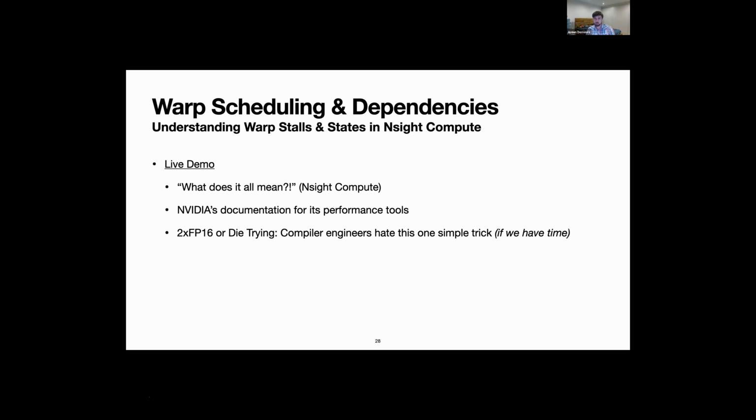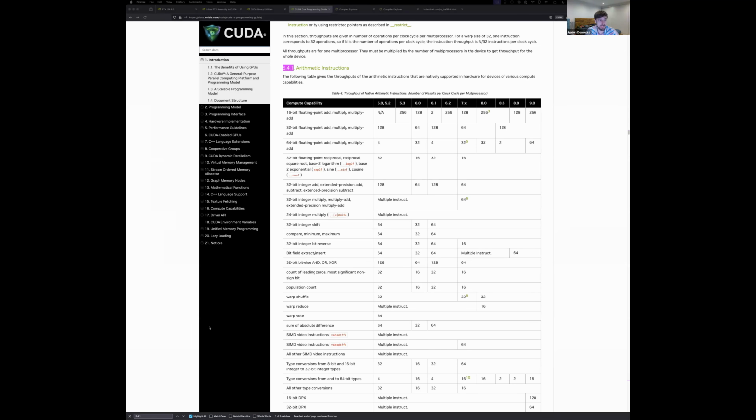So I was going to try showing the warp scheduling dependencies in Nsight Compute. Given Nsight Compute is way too tiny, I think I'm just going to skip this, and it will take way too long to do properly. There is really good documentation that maybe I should just point out.